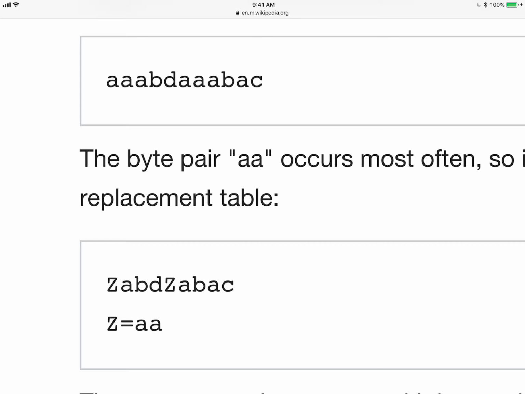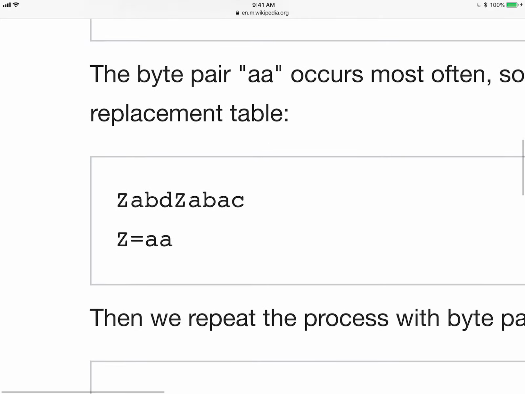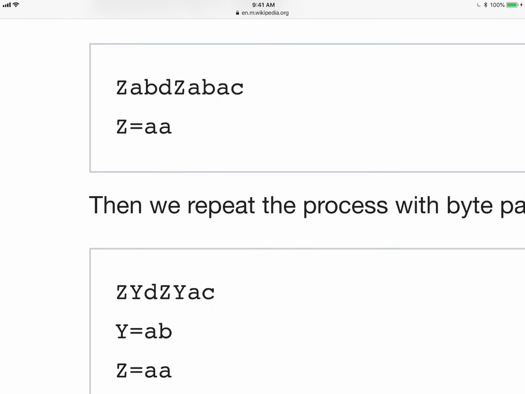Suppose the most frequent character-level bigram was AA. We register this bigram into our dictionary and assign it a new index, represented as Z, and then we replace the sequence AA with this Z.